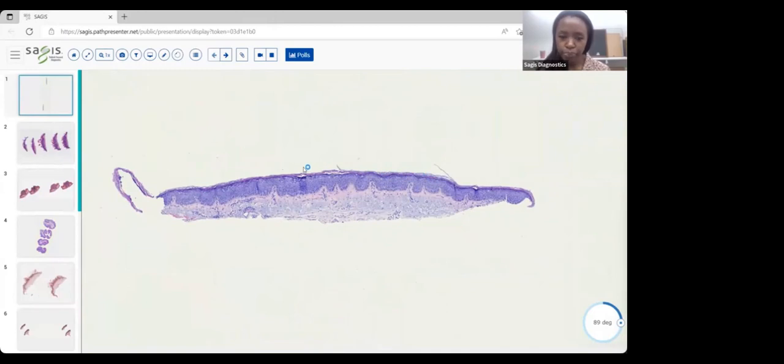Still at low power, there is something interesting happening around the granular layer, but we'll come back to that at higher power. Then there is some papillomatosis and not much else. This would fall into the category of one of those invisible dermatoses, with not much to see until you look a little closer.